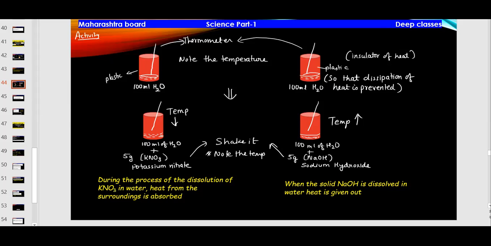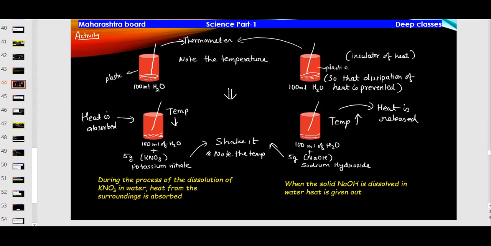During the dissolution of potassium nitrate in water, heat from the surrounding is absorbed. When you add this and shake it properly, heat is absorbed from the surrounding inside the beaker. But in the second beaker, when solid NaOH is dissolved in water, heat is given out.